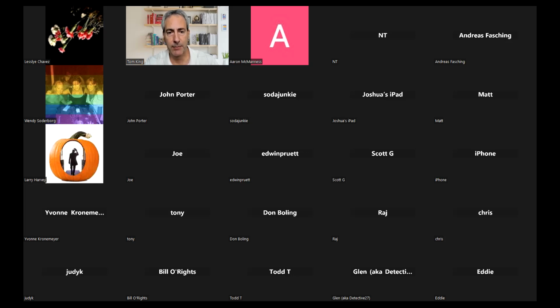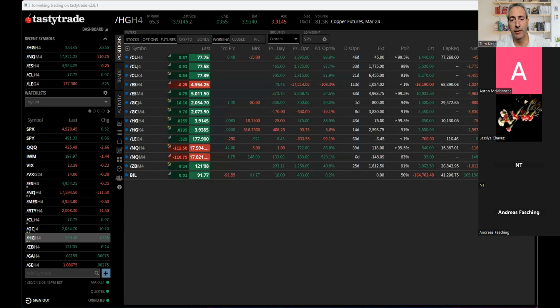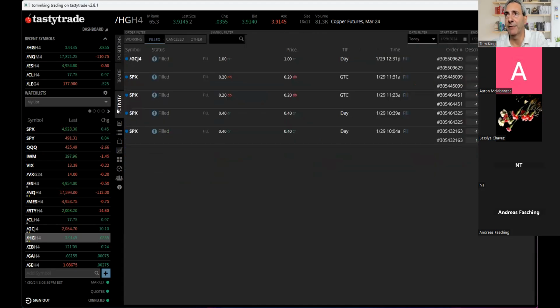So let me jump in to the platform. This is the Income Navigator account. On the session, we do not have any really new activity today. This was yesterday's. You can see the two zero DTE trades and then the gold trade that we opened yesterday.